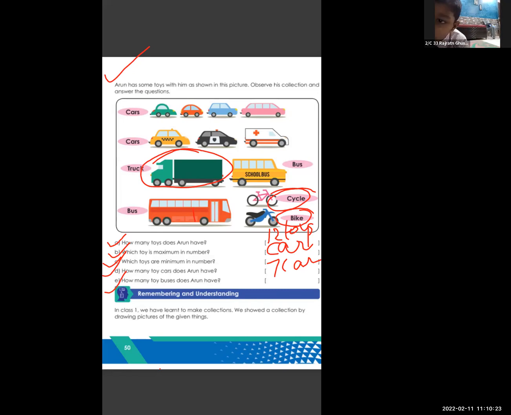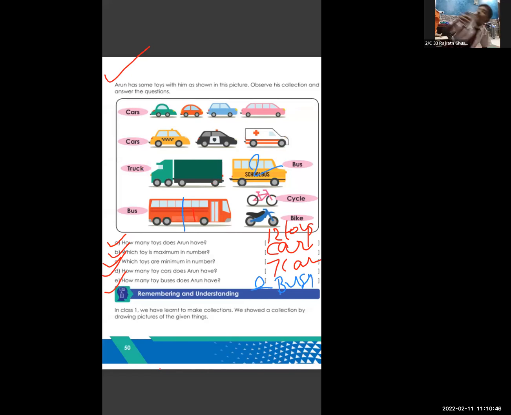Can you tell me how many toy buses Arun has? 1. See, this is a bus. This is a 2 bus. So how many toy buses? 2 buses. Yes, 2 buses.